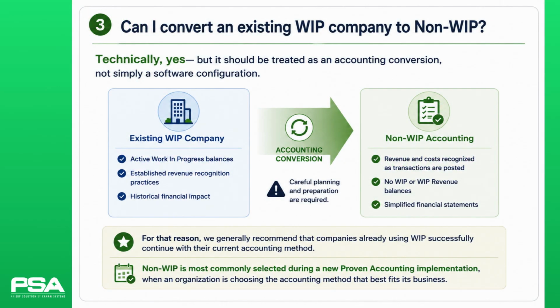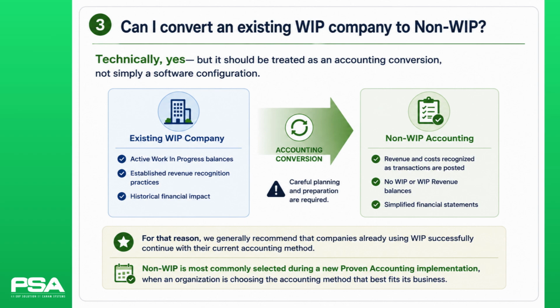Can I convert an existing WIP company to a non-WIP? Technically, yes, but it should be treated as an accounting conversion, not simply a software configuration. Companies already using the standard WIP or completed job method typically have existing work in process balances and established revenue recognition practices that must be addressed before making a change.